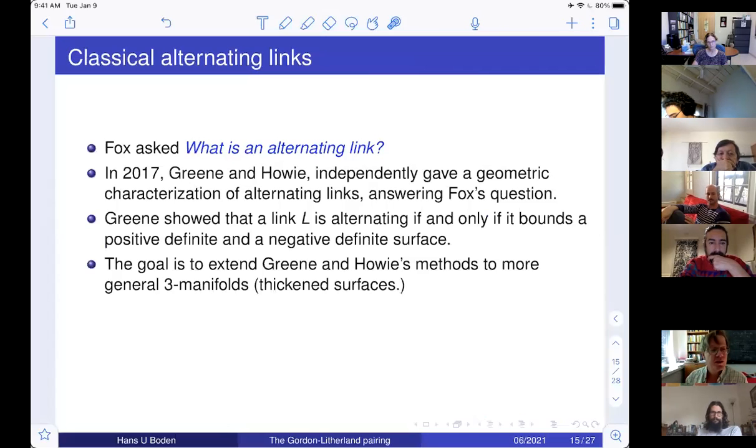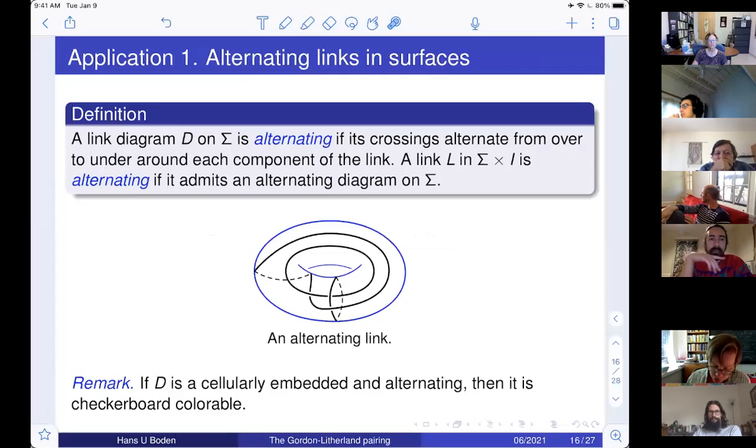The goal in this application is to extend their methods and their characterization to more general three-manifolds. Truth in advertising, I only know how to do this for knots and links in thickened surfaces. So I'd be very interested to see more general results along these lines. But today we're just going to talk about three-manifolds of the form sigma cross I. So some definitions that will help us.